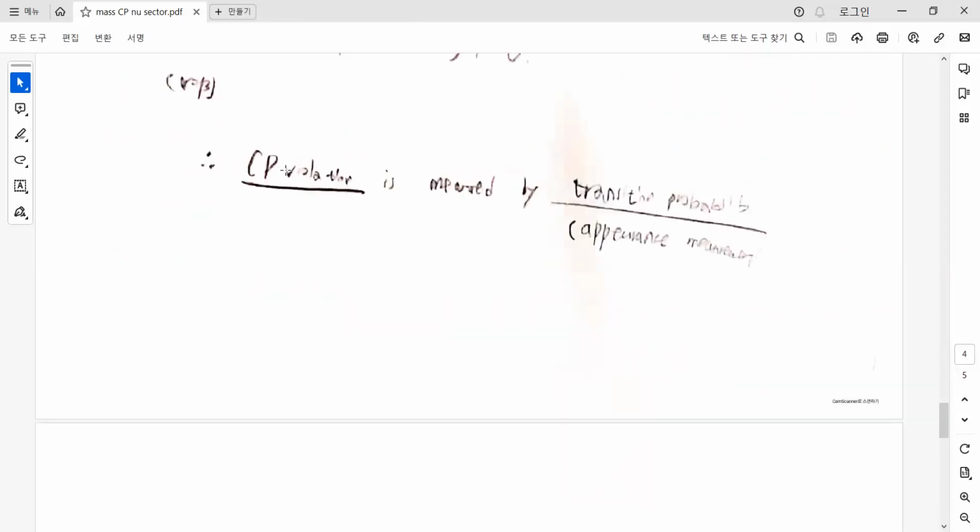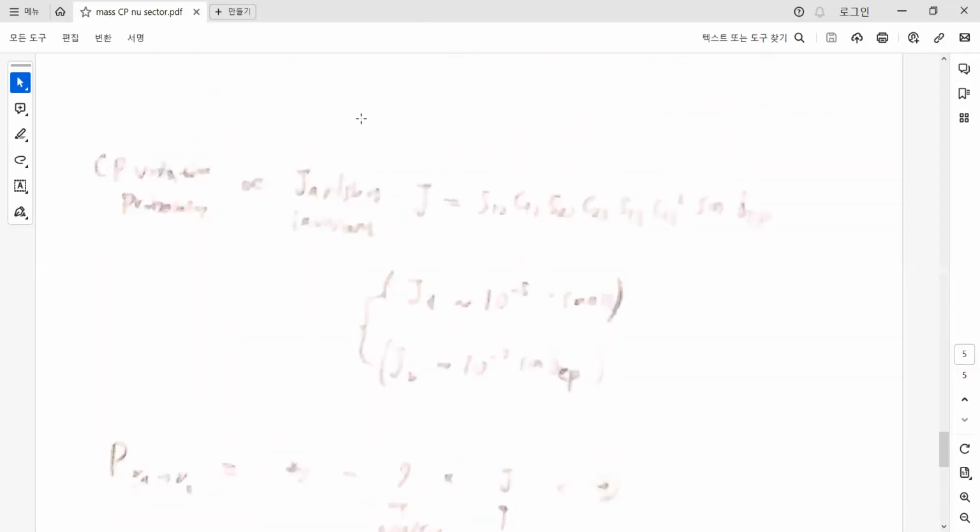By using this factor, we can measure the CP violation, but for convenience, we define the Jarlskog invariant, which is the CP violation probability is proportional to such a Jarlskog invariant.